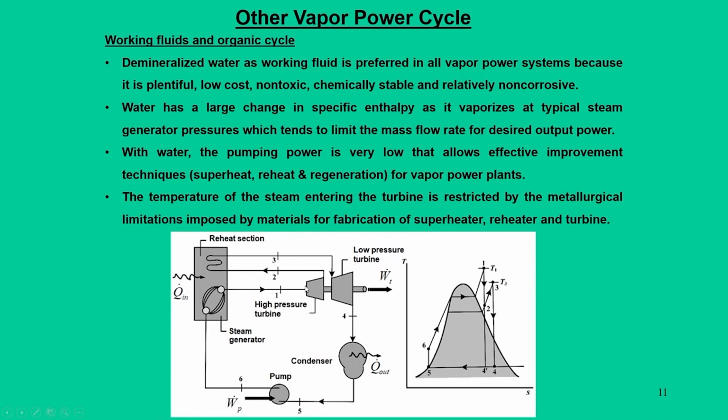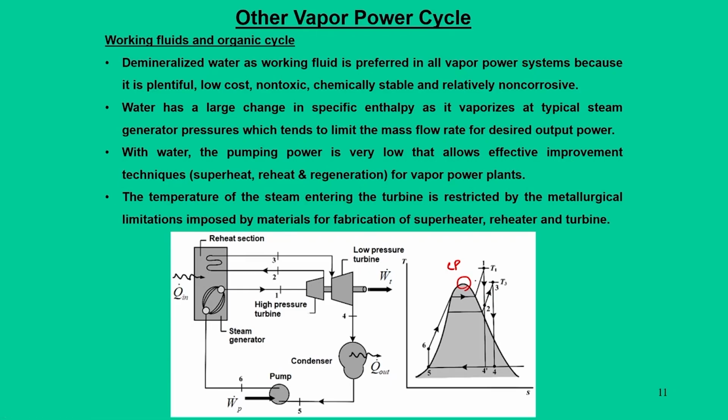Now, we will move on to other vapor power cycles. So, the first segment of this discussion is that we need to talk about something on working fluids and organic cycles. Organic cycle means that in conventional systems water is the main working fluid in a Rankine cycle, and there we use concepts like reheat and superheating, and with these techniques there is a certain limit that we can go up to, and that is restricted by the critical point, that is the peak point of this dome.